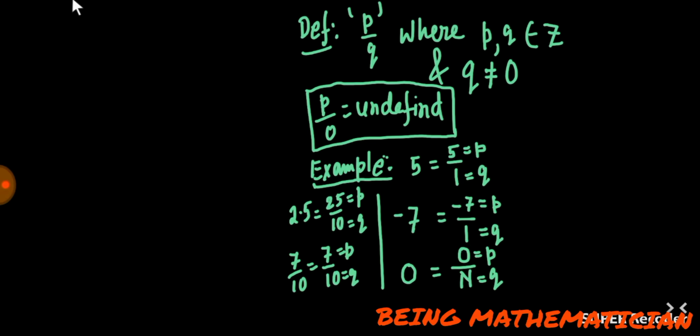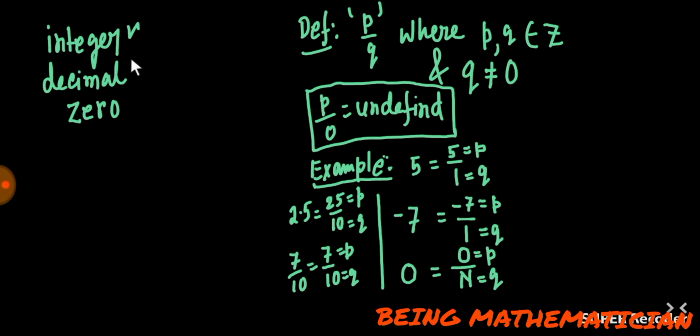So we can say any integer, decimal, or 0 is a rational number.